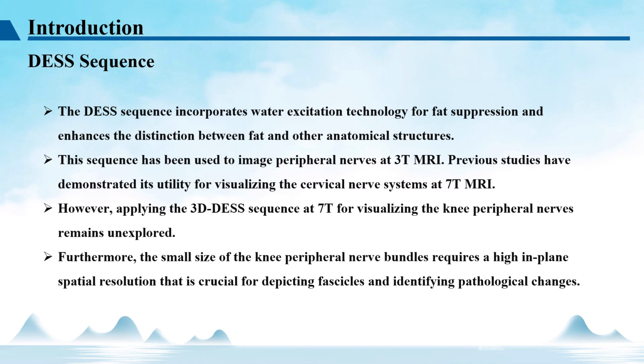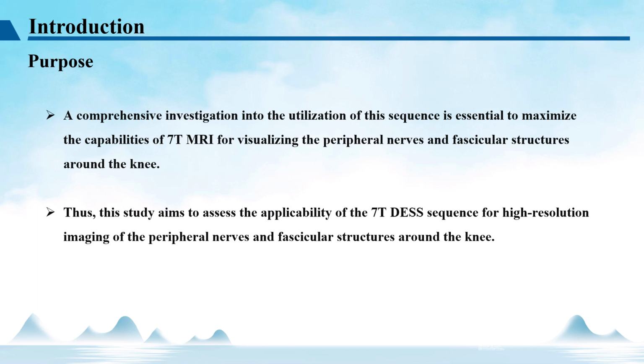However, applying the 3D DESS sequence at 7T for visualizing the knee peroneal nerves remains unexplored. So, this study aims to assess the applicability of the 7T DESS sequence for high-resolution imaging of the peroneal nerves and the fascicular structures around the knee.